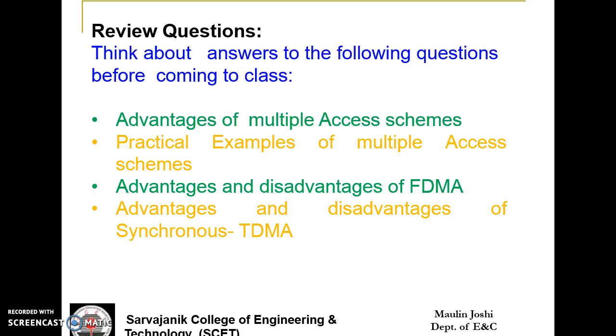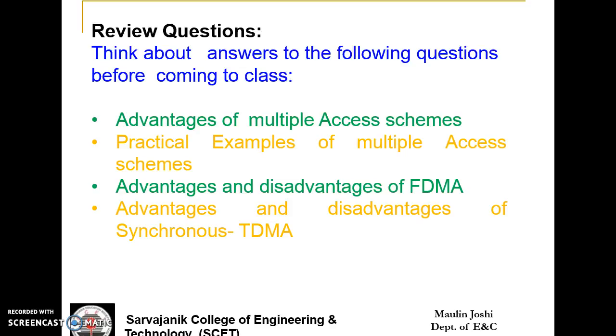These are the review questions that one can work out. Think about the answers to the following questions before coming to the class. You should think about the advantages of the multiple access schemes. Partially we have already discussed. Practical examples of the multiple access schemes. Again, one example we have discussed.